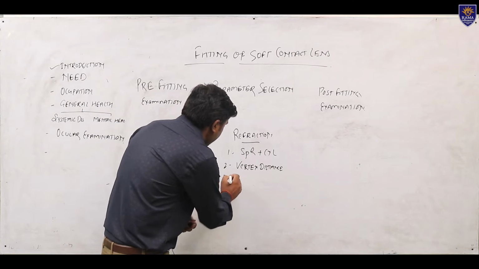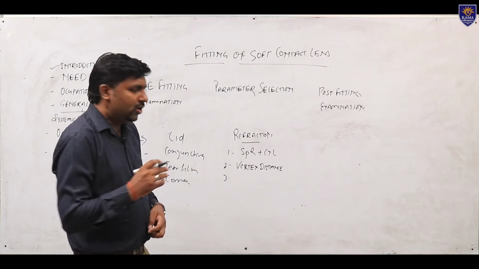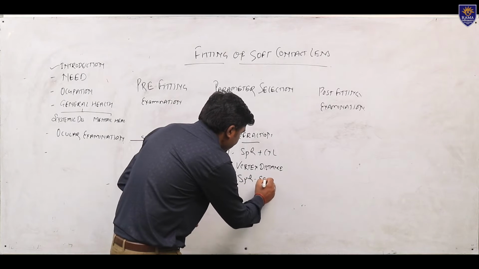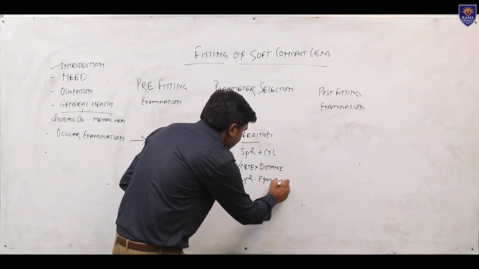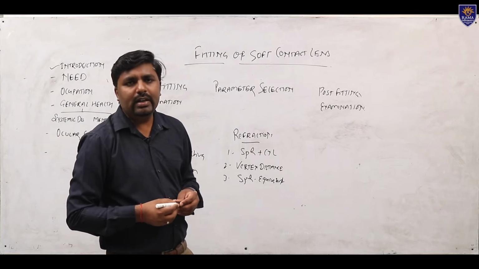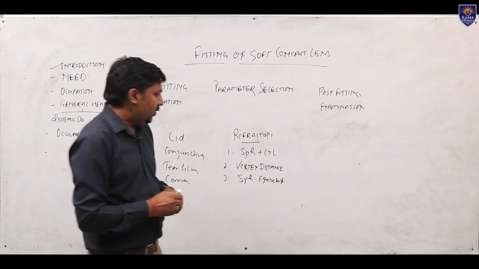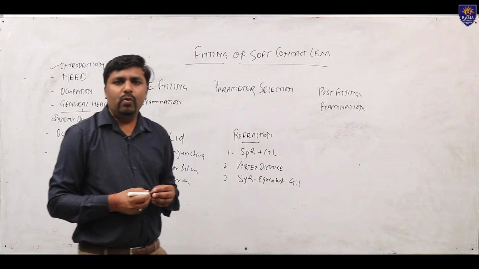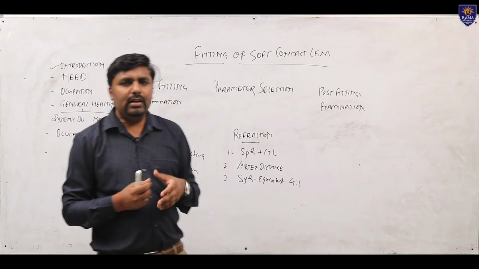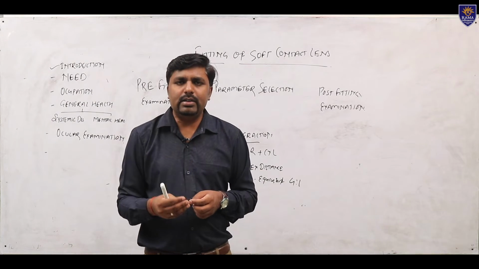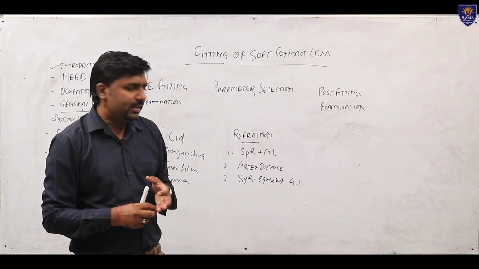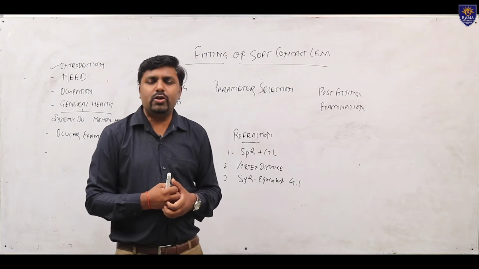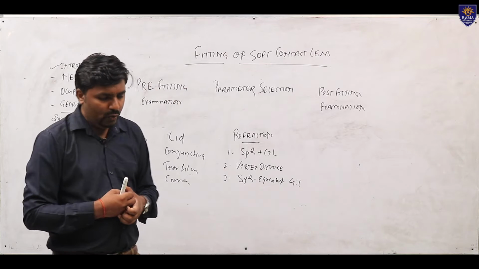And if the patient has any cylindrical power, we require the spherical equivalent. Spherical equivalent is used when the ratio of spherical to cylindrical is 4:1, like spherical 4 diopter and cylindrical 1 diopter.